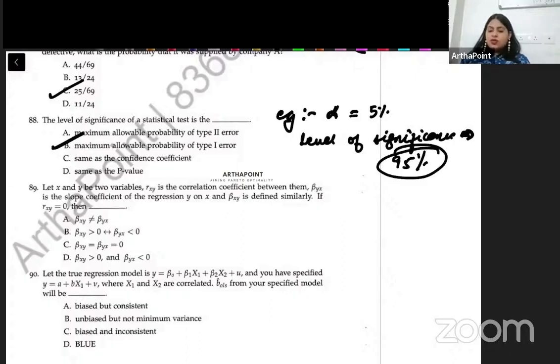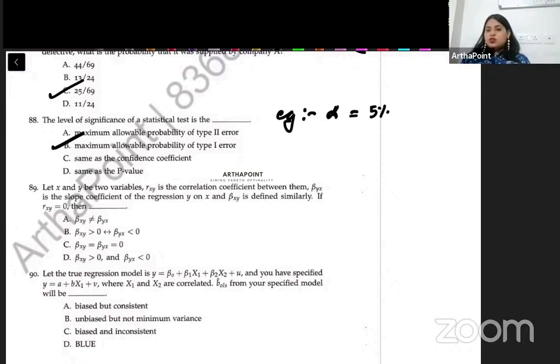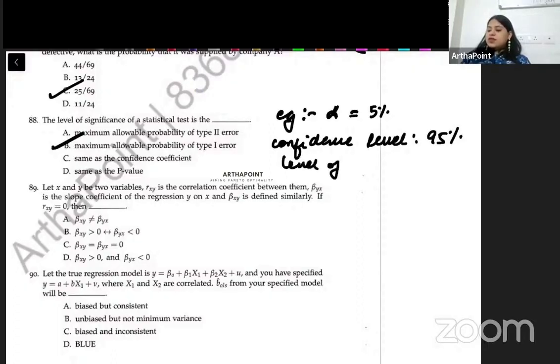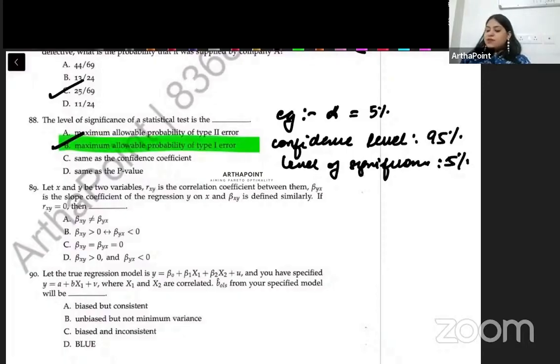Take care: the confidence level is going to be 95%, but the level of significance will be 5%. So let's write it down. Confidence level will be 95% and level of significance will be 5%. So the answer to this question is B. Okay, come to the next one.